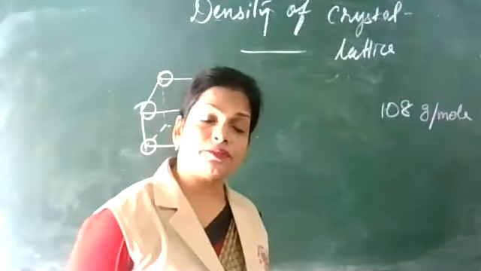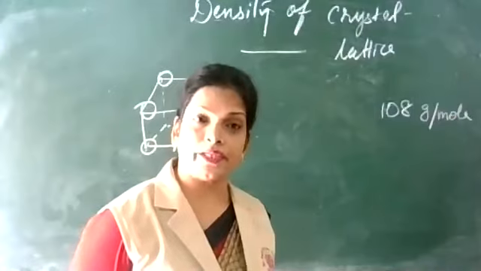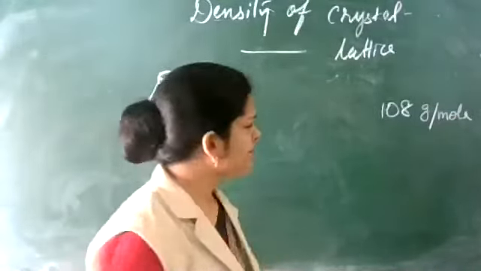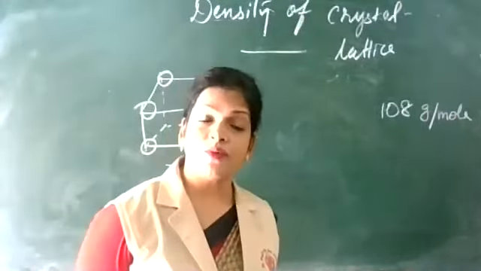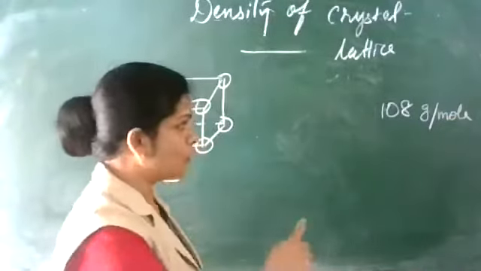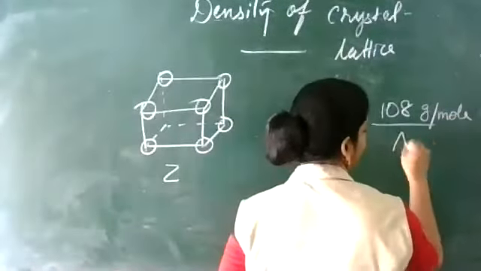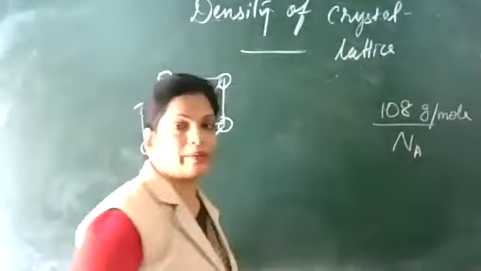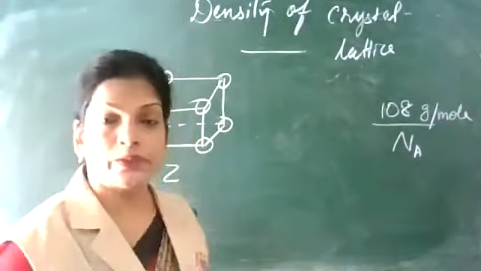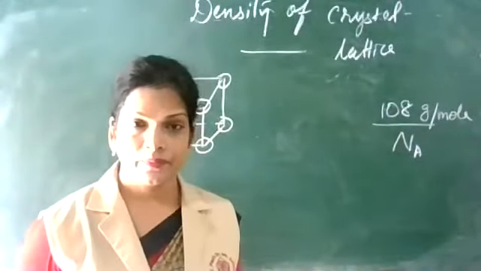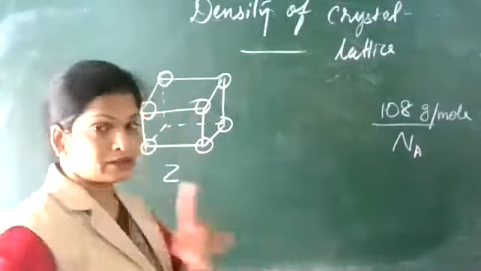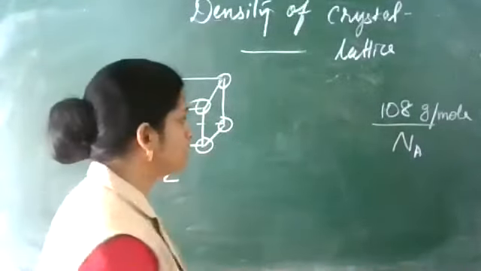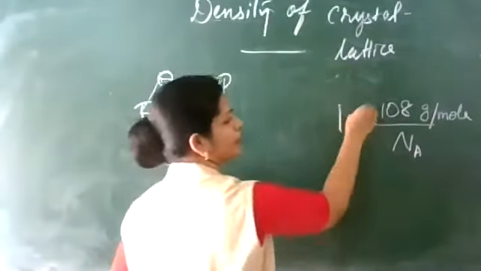This is the mass of 6.02 into 10 to the power 23 atoms of silver. So what is the mass of one atom of silver? Molar mass divided by Avogadro number, where Avogadro number is 6.02 into 10 to the power 23. One atom is present in this, so the total mass is this much.